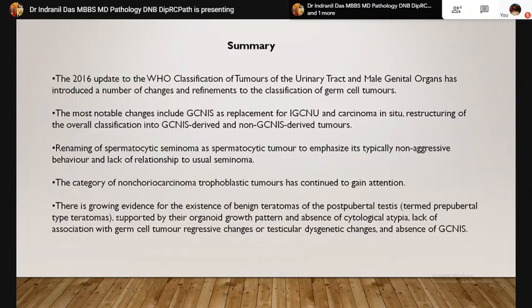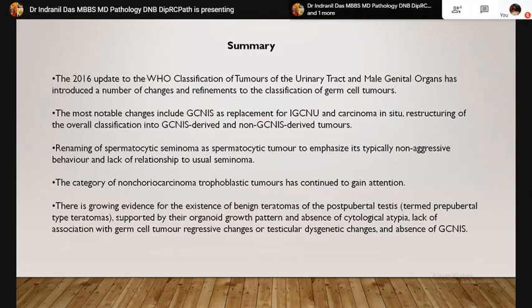Now, to summarize the testicular germ cell tumor, the 2016 update to the WHO classification has introduced a number of changes and refinements of the classification of germ cell tumors. The most notable change is the inclusion of germ cell neoplasia in situ as a replacement for IGCNU, intratubular germ cell neoplasia unclassified, and carcinoma in situ.